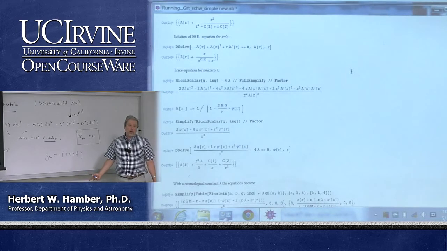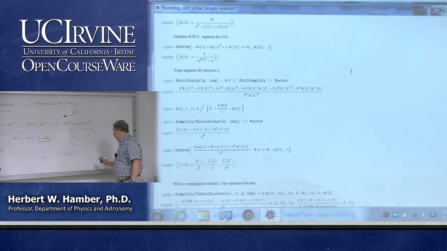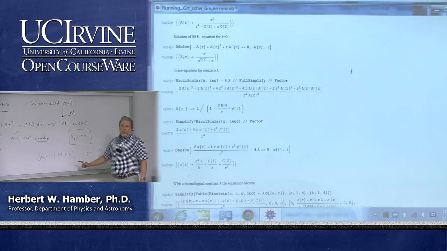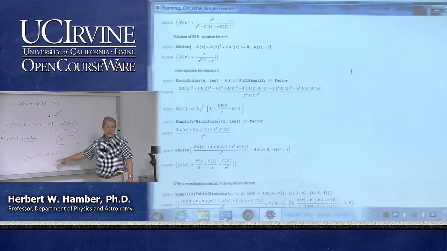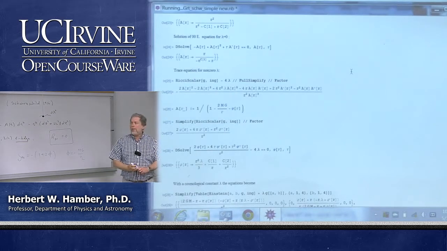So if we have a point source at the origin, then this has to match up with whatever we have there. In other words, this phi has to be equal to minus m G over r. And so that means that g_00, which you remember is this B function, has to have a term which is 1 minus 2 m G over r.